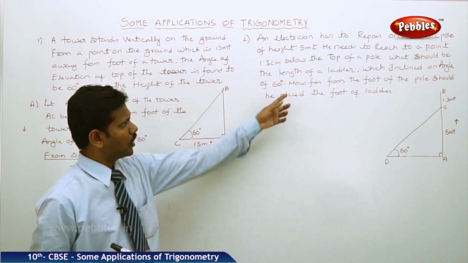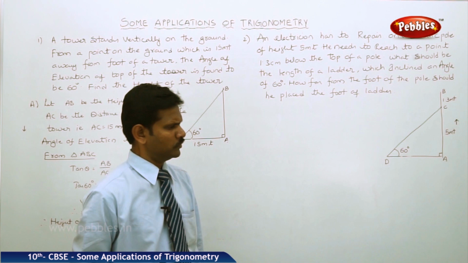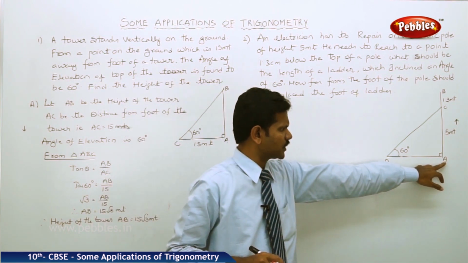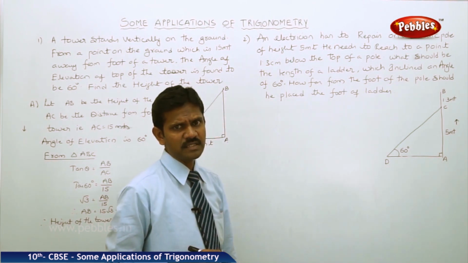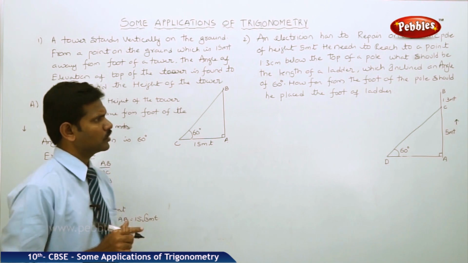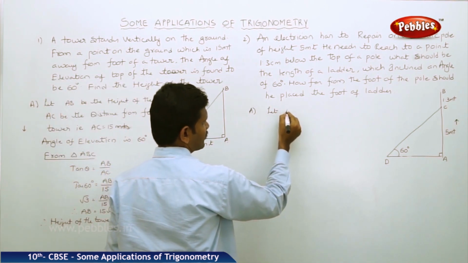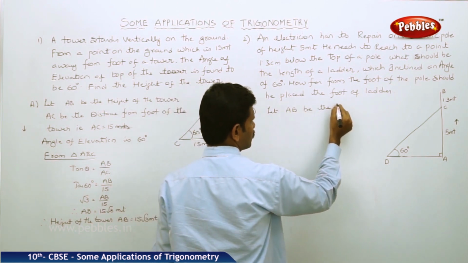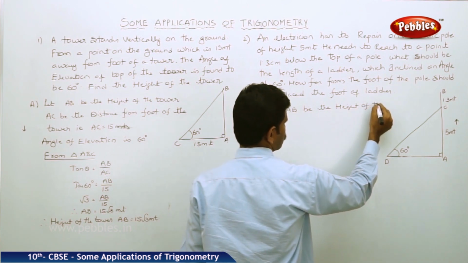Now how far from the foot of the pole? The foot of the pole is A. That is, from here, how far must the ladder be placed? It is the question for us. Now let us see. Let AB be the height of the pole.